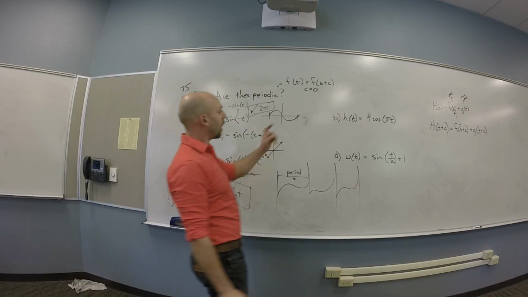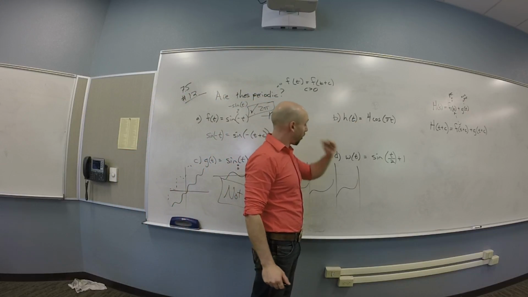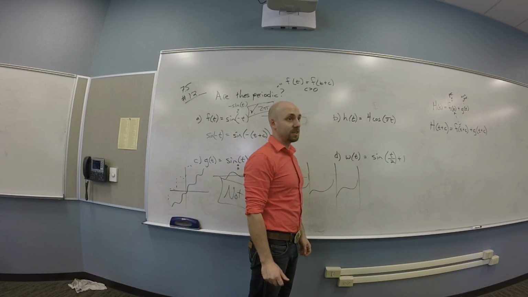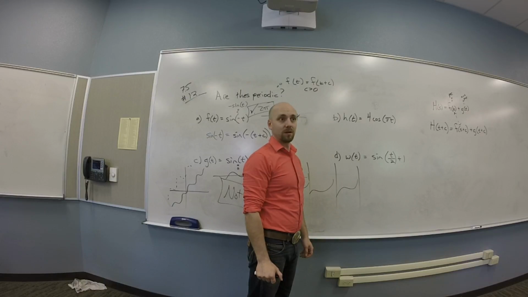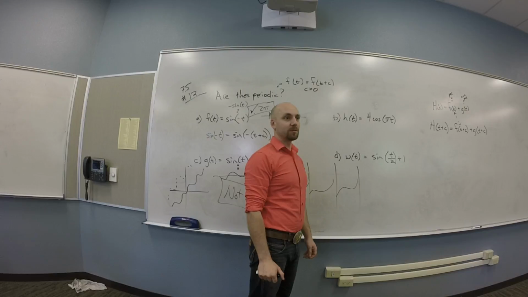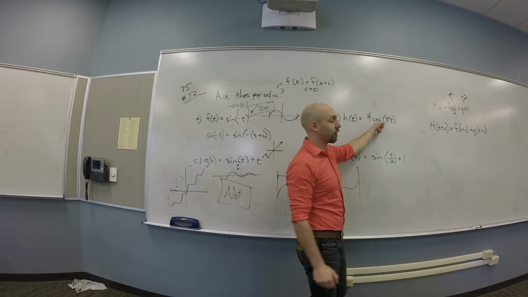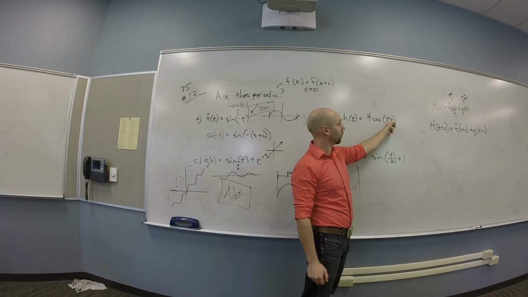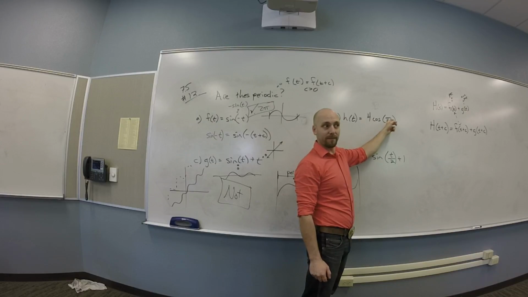Okay. How about h of t is 4 times cosine of pi t? I expect that to be periodic because that's a periodic function. What does the pi times t do? That's a horizontal compression, right?